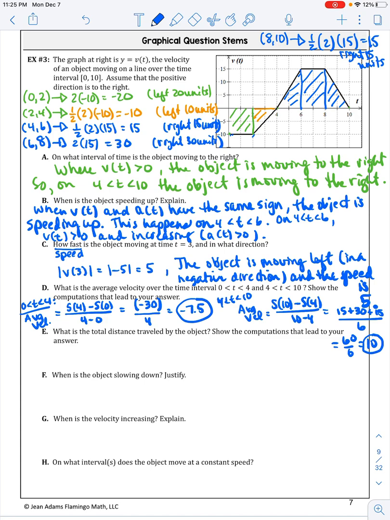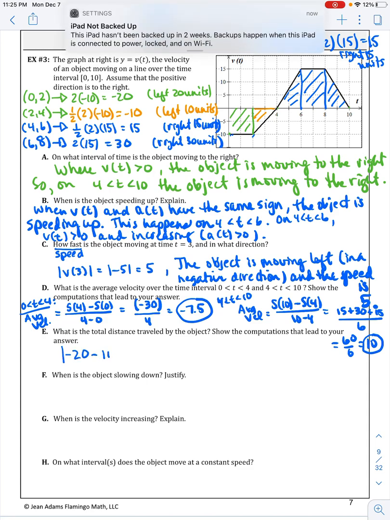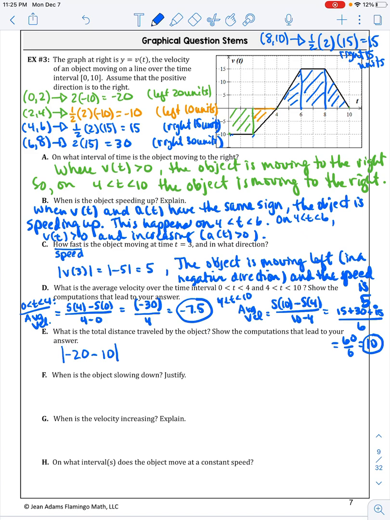So what is the total distance traveled by the object? Show the computations that lead to your answer. So for that one, you know that it's in a negative direction, but this would be the absolute value of negative 30, because they're actually moving 30 units. And then you would add up your other 15 plus 30 plus 15 to get your total distance.